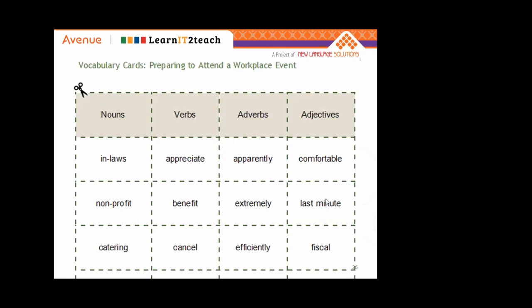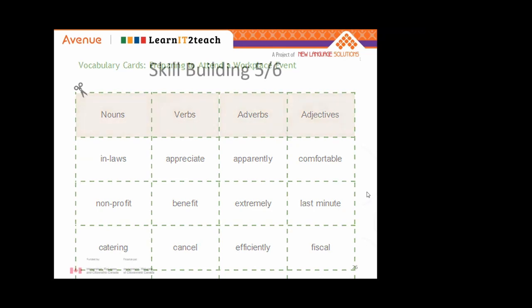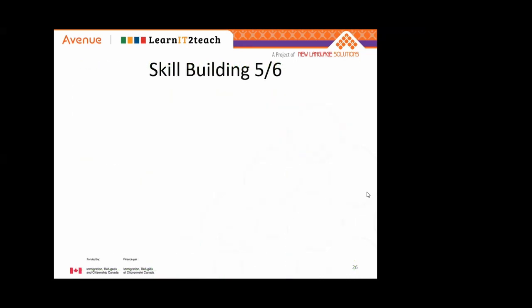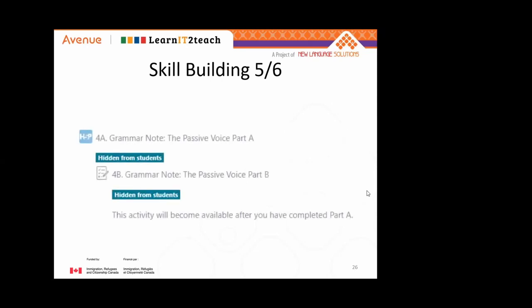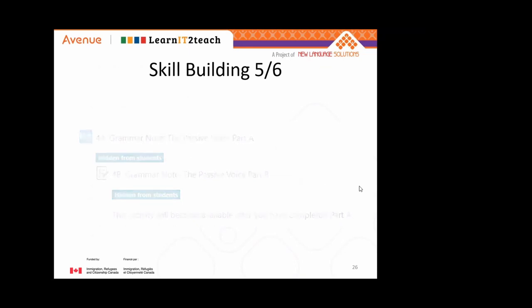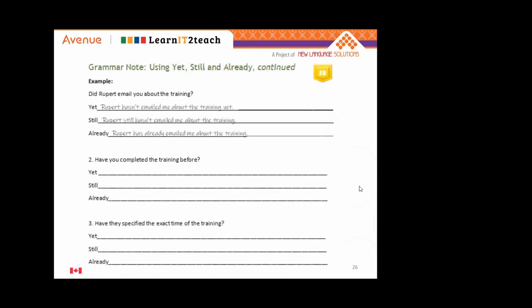Grammar practice is offered with vocabulary activities, such as the vocabulary cards and an online glossary. And also with some targeted activities about the passive voice, which is offered online, and a paper-based activity about using yet, still, and already, which can be done in class.